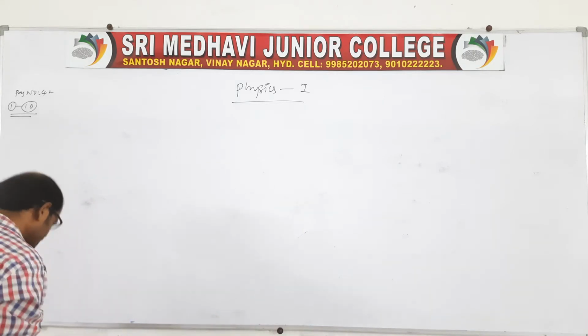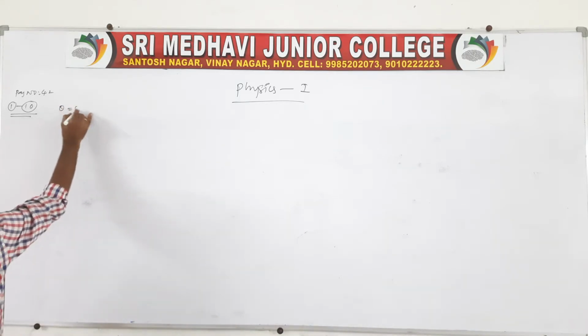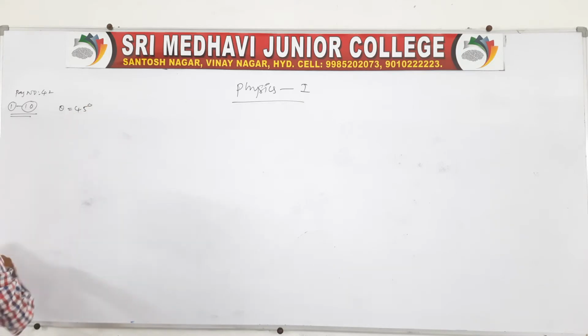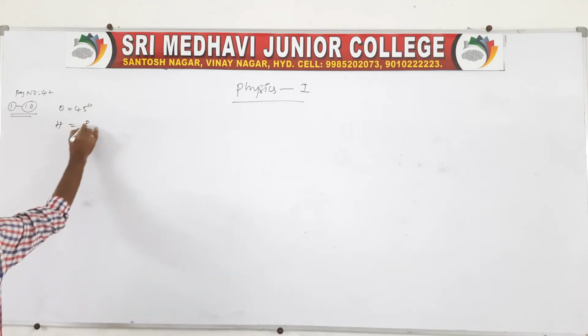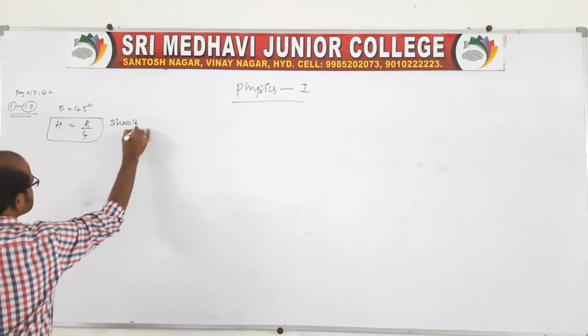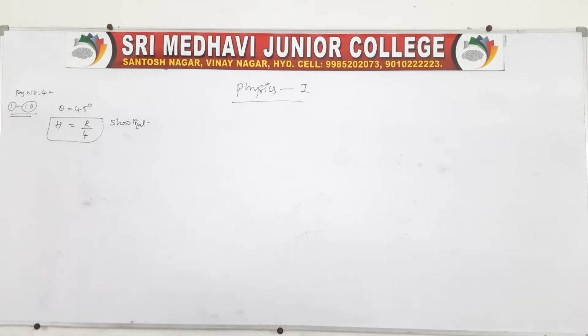When the projectile is launched at an angle of 45 degrees, we have to show that the maximum height is equal to 1/4 of the range.